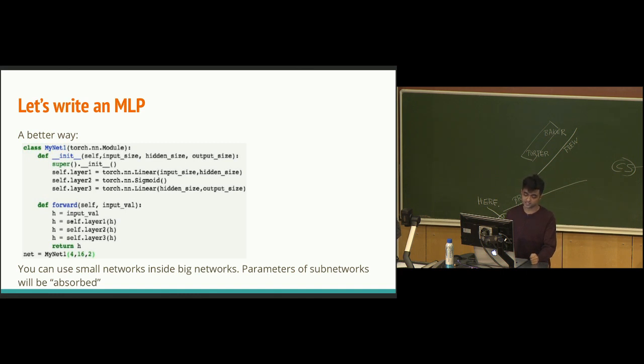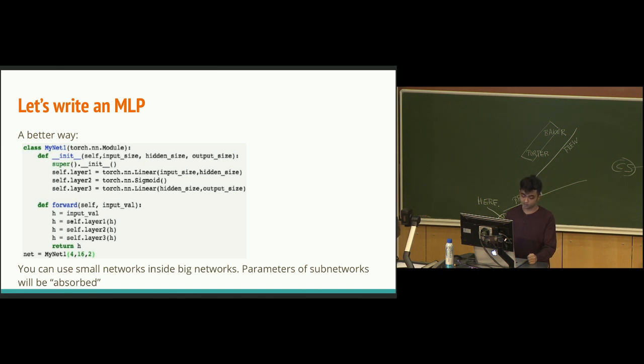And as you work on your assignments, this is basically the structure of how you would write your neural network. And another thing to note here is that nn.Linear is itself a smaller neural network.